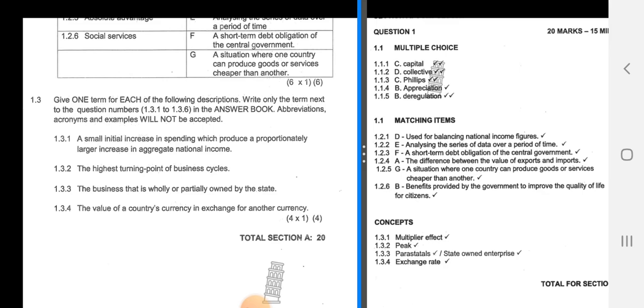The highest, not the lowest, the highest. The business that is wholly or partially owned by the state, that is a parastatal or a state-owned enterprise. Parastatal. 1.3.4, the value of a country's currency in exchange for another currency, that is exchange rate.